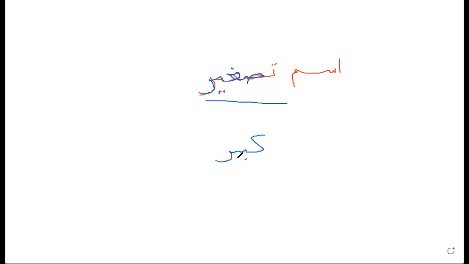You want to make something big, what do you do? Takbir. You might recognize that word now. Takbir, meaning announcing the greatness of something. So enlarging something is called takbir, and making something small is called tasghir in the language.